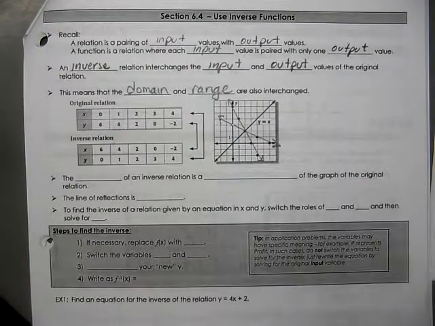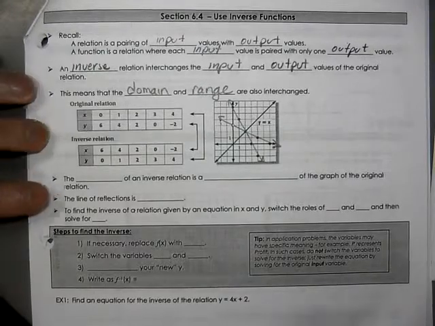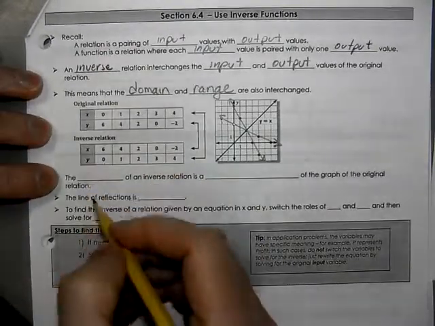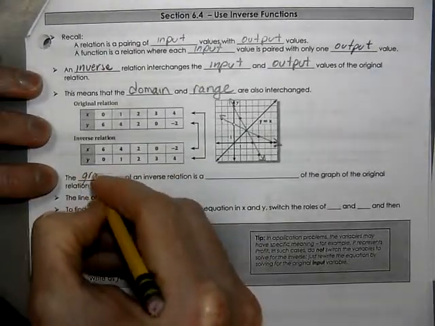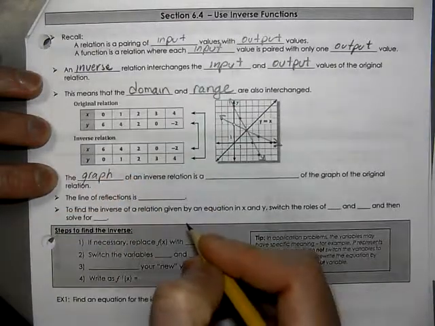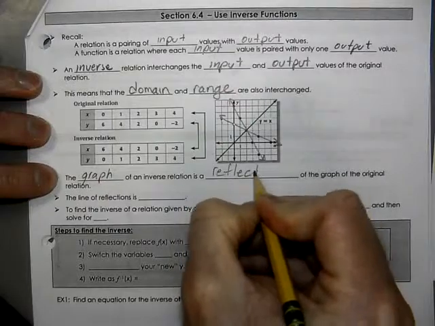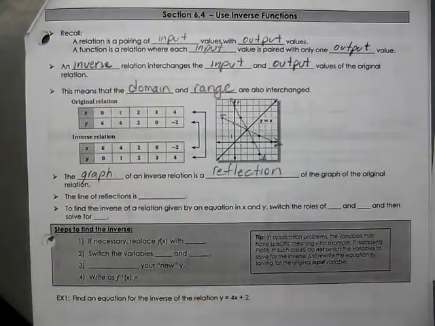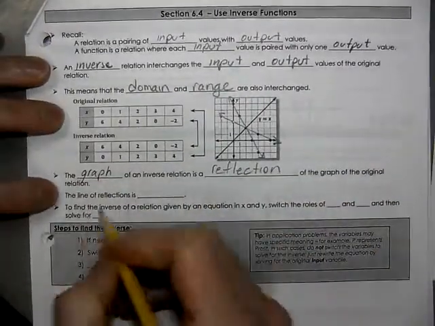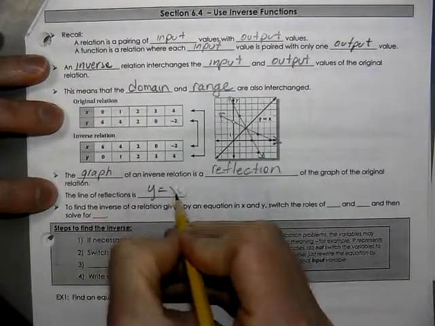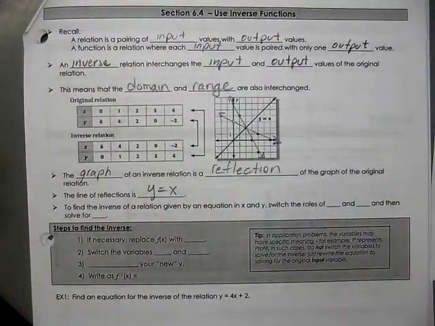They are inverse equations of each other. The graph of the inverse relation is the reflection of the graph of the original relation. The line of reflection is y equals x, like what we've talked about up here.